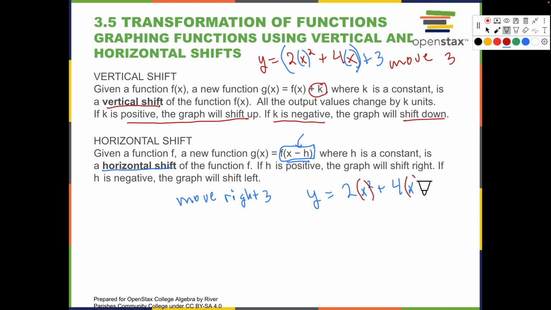The inside of the function is wherever there's an x. So what we're going to want to do here is f of x plus 3. So we're going to rewrite that as 2 times x plus 3. Wait, did I say that? We want to move it to the right, x minus 3, sorry. It's the opposite.